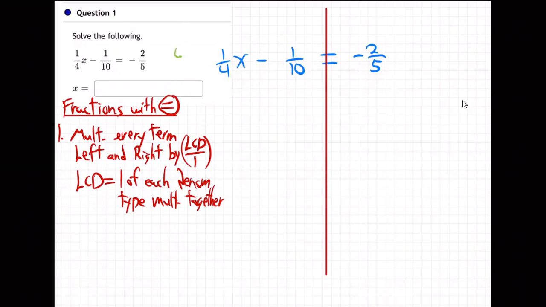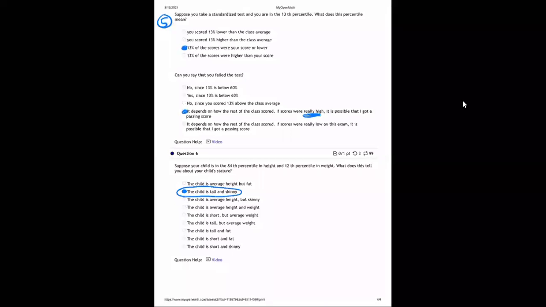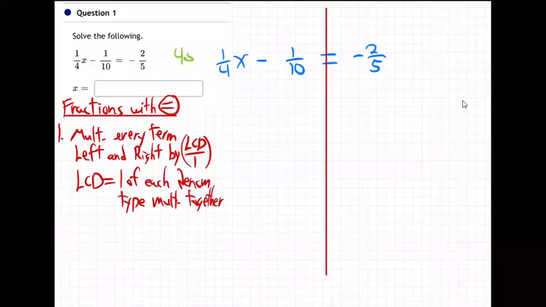So I'm just going to go 4 times, whoops. Oh boy, I hit a wrong button. There we go. 4 times 5, and that's not 4.5. That's 4 times 10 times 5 over 1.